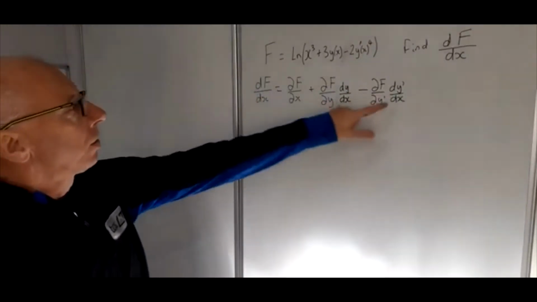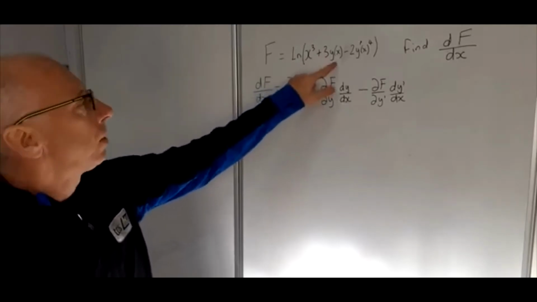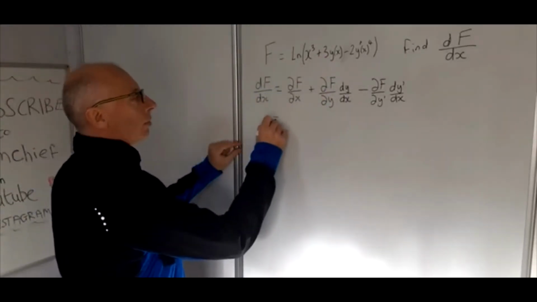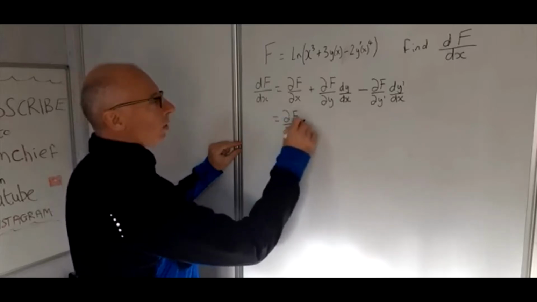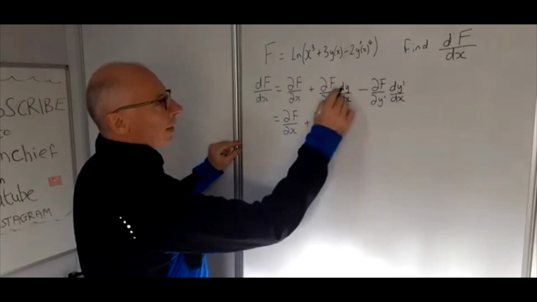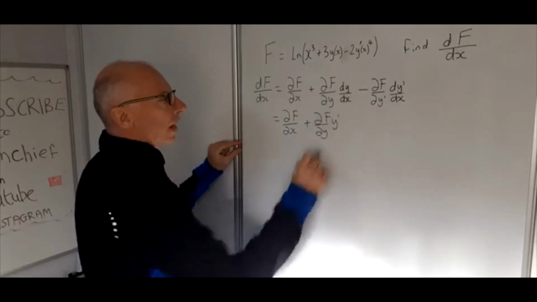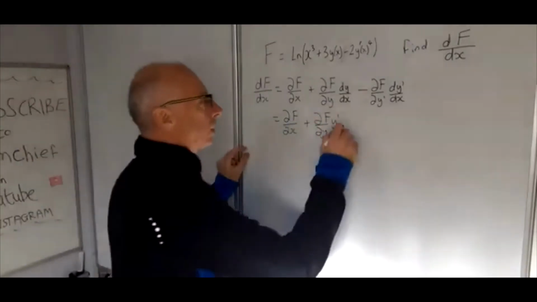Now just to change the notation of these so it's in the same style as this one, I'm going to change this a little bit. So partial of f with regards to x, that won't change. Partial of f with regards to y, and then dy dx, I'm just going to write that as y prime. Basically the derivative of y, so that's not changing anything.